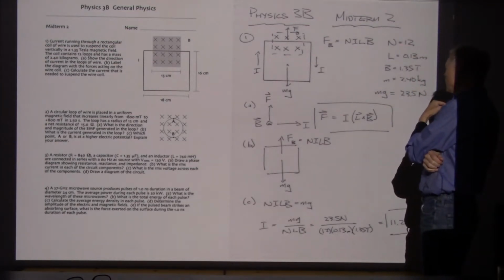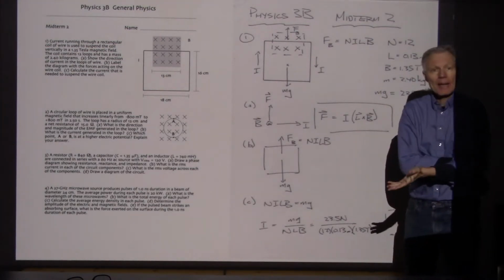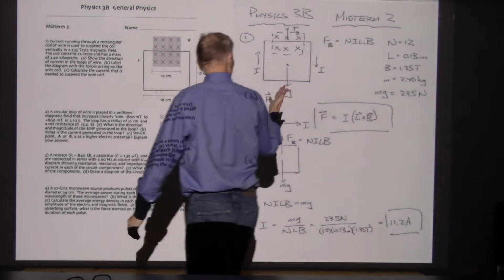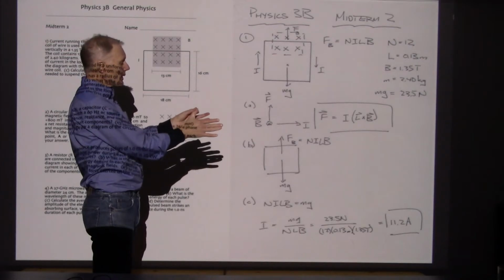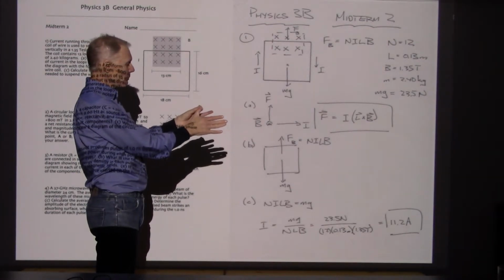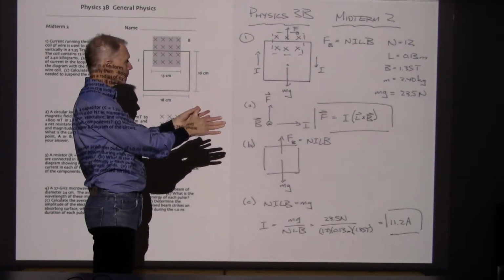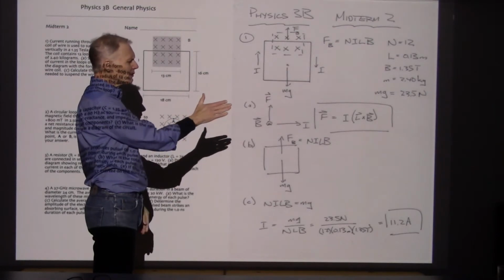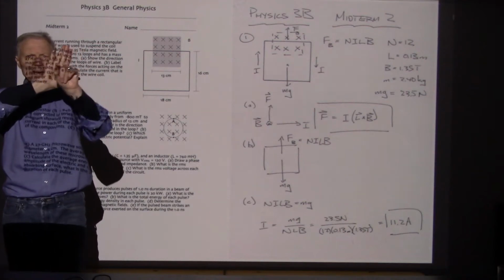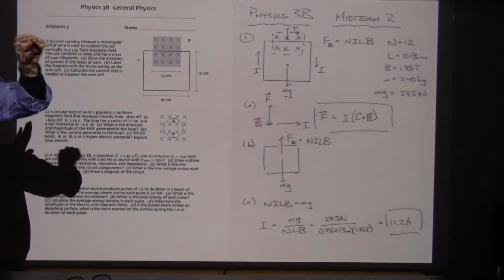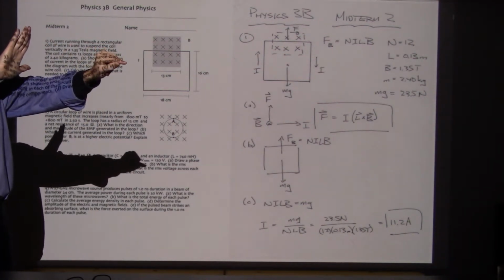And so I have to bring in a right-hand rule. So I'm going to bring in the right-hand rule. Now, the way I defined it is if the current's going in the direction of my thumb and the magnetic field is going in the direction of my fingers, the force is coming out of my palm. So the force is directed away from my palm.